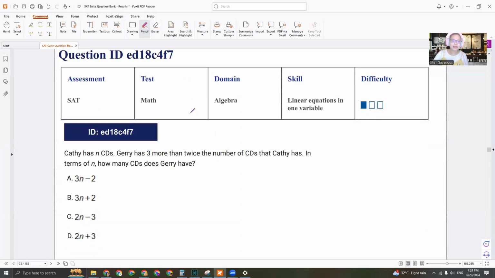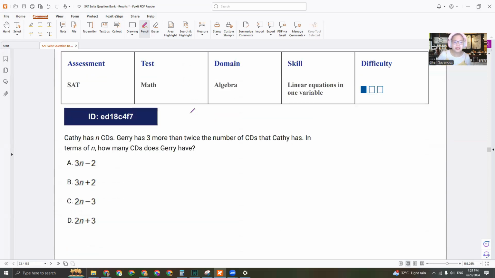All right. Last 4 questions. Kathy has n CDs. Jerry has 3 more than twice the number of CDs that Kathy has. So let's start with Kathy. She has n CDs. All right. And then Jerry has 3 more than twice the number.